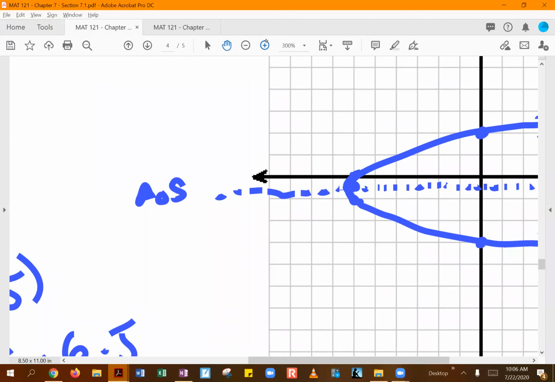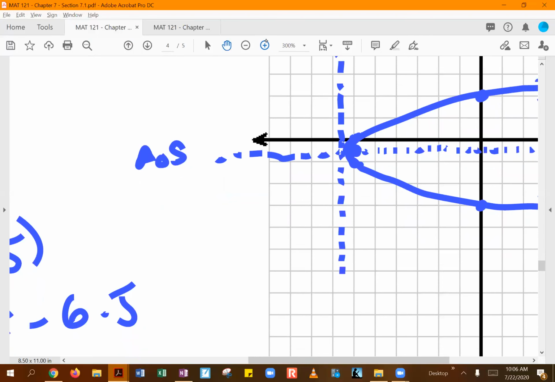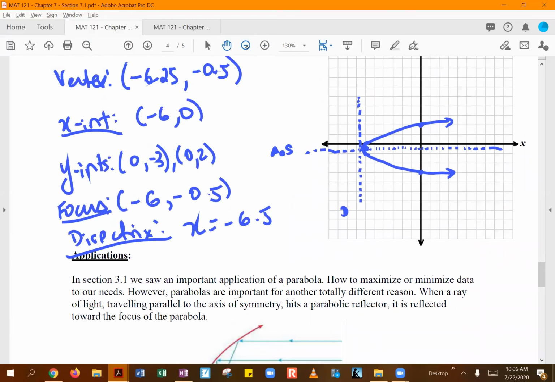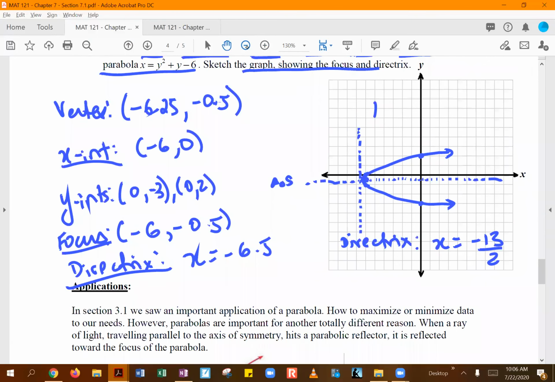So technically our focus would be this point right here, which would be right underneath that x-intercept, and then at -6.5, we would have our directrix. So the directrix is at x equals -13 over 2, and our focus was at -6, -1/2. But yeah, it's kind of hard to see because they're so close to each other.